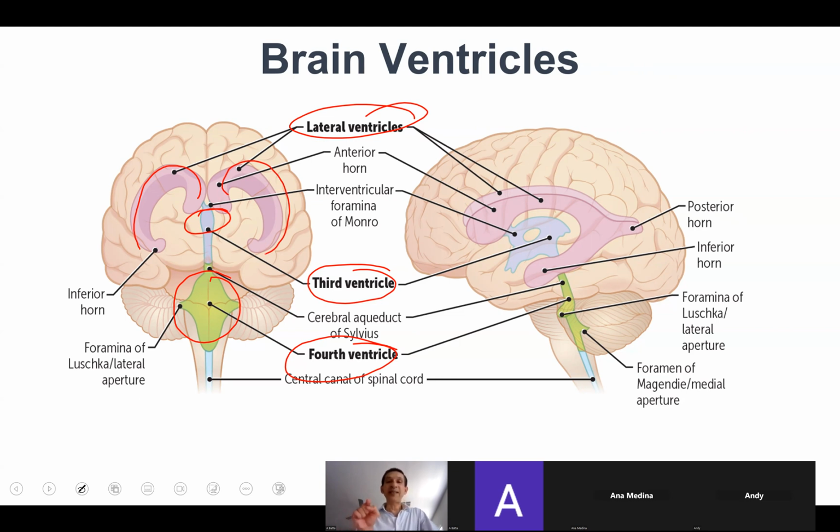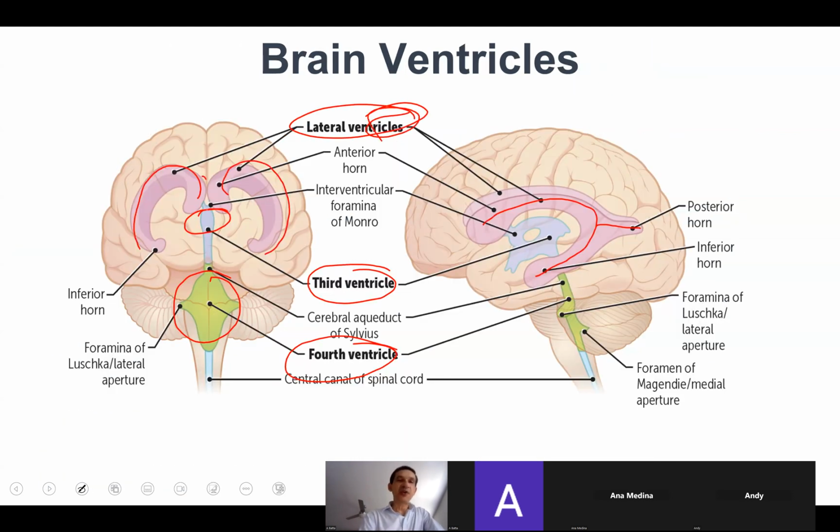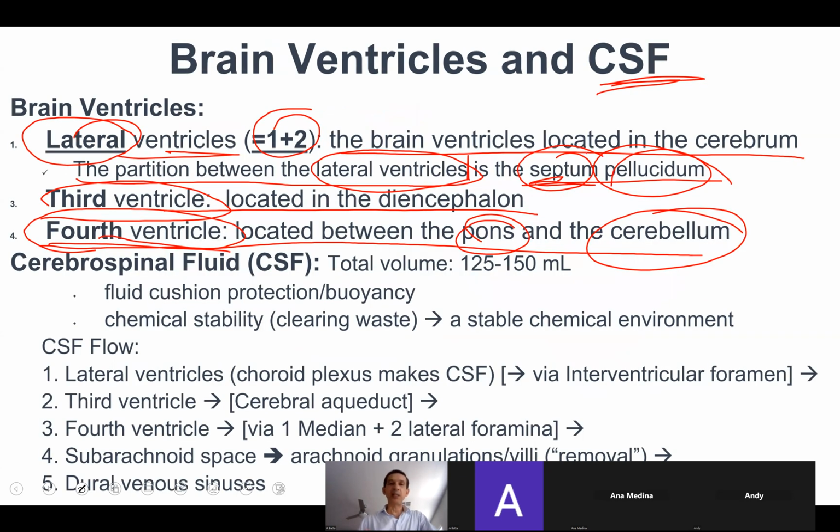If you look at them laterally, you will see that they actually form what we call horns. Okay, so it's within these ventricles that the choroid plexus produces CSF. And by the way, you see here, these two come together, and that's where we have this septum pellucidum.